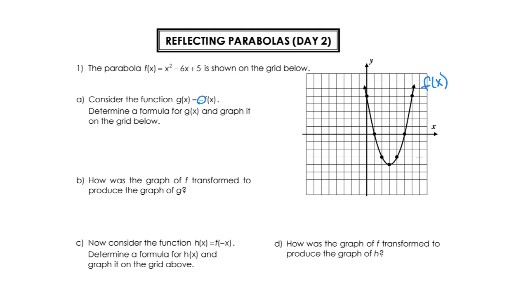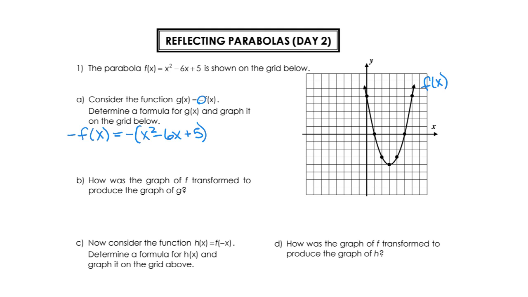So what's going to happen is that we're literally going to put a negative in front of all of f of x. So we're going to go ahead and say that negative f of x would be equal to negative, and because we're putting a negative in front of something that has 3 terms, we're going to have to make sure that we put the negative in front of the whole thing, meaning that the whole thing goes in parentheses so that the negative is in front of everything.